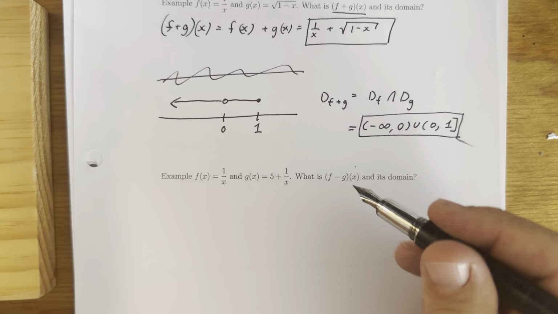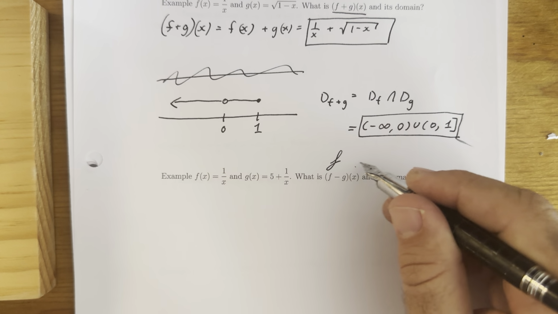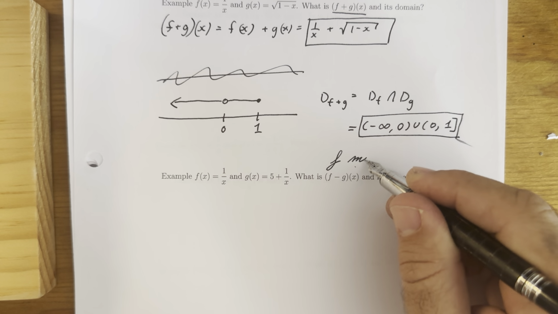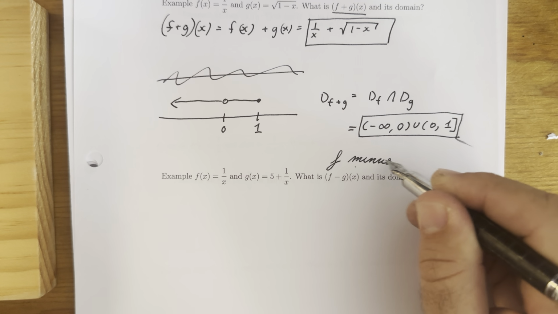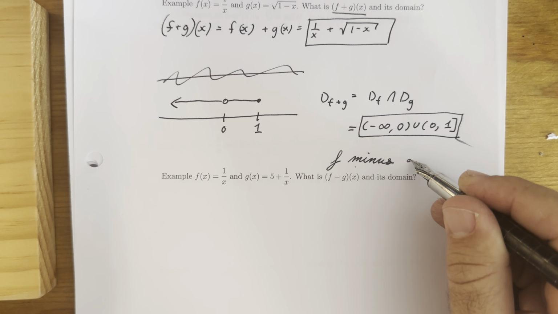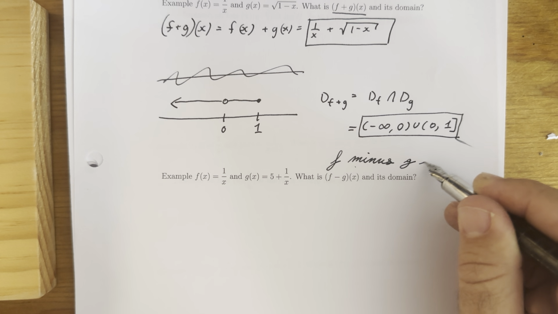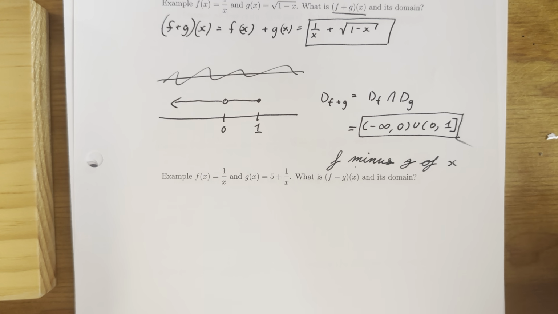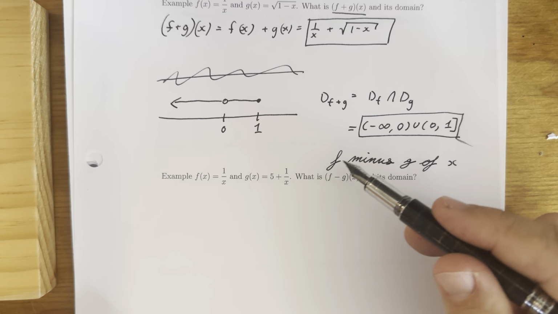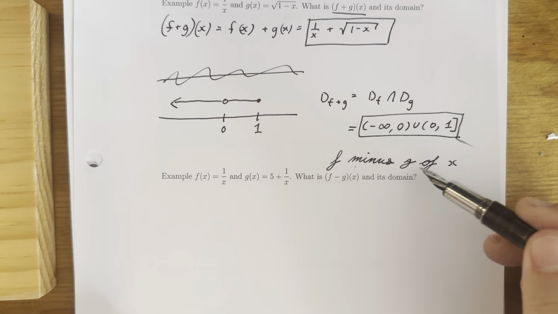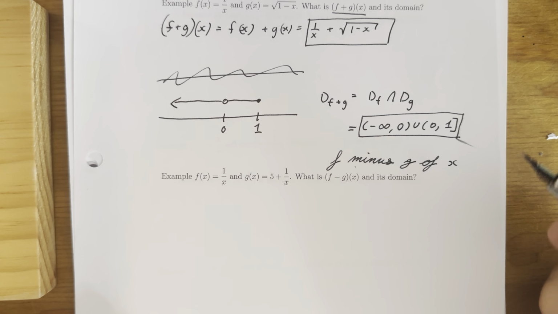All right, so right here, again, this is f minus g of x, right? That's how you read that. F minus g of x.